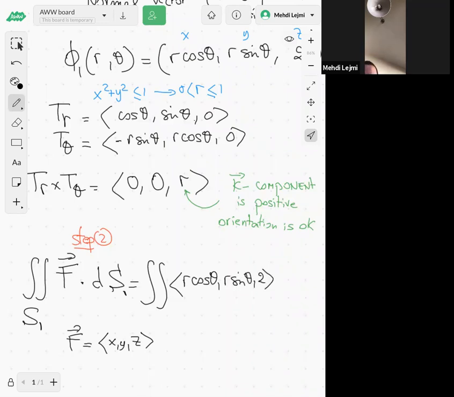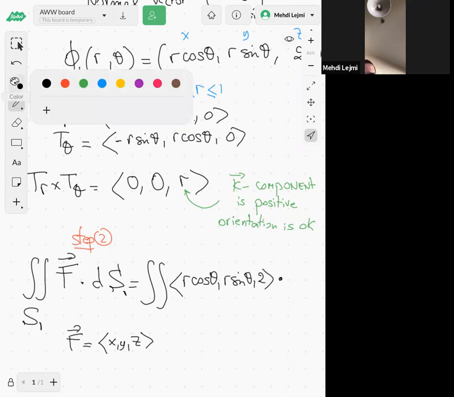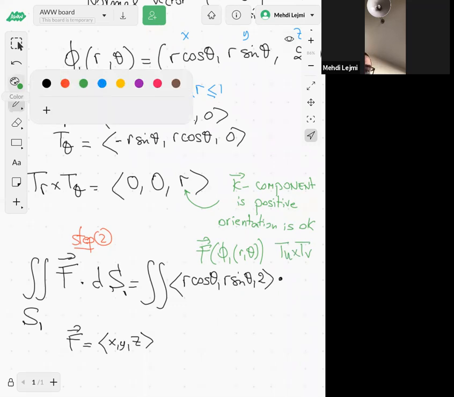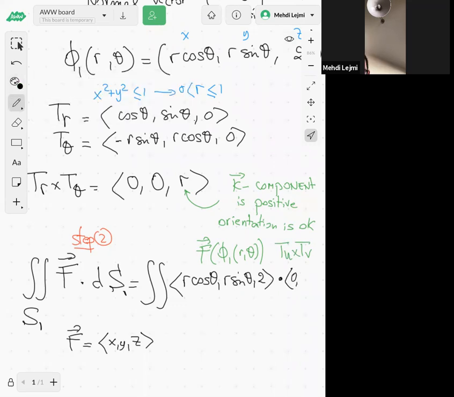It's x, y, z. Now, scalar product, so this is F of phi 1 of r theta of my surface S1, scalar product with the normal vector, T_u cross T_v. So what's T_u cross T_v? It's just 0, 0, r. So here it's 0, 0, r, dr d theta. r between 0 and 1, and theta is between 0 and 2 pi.